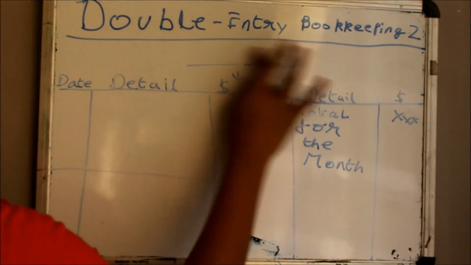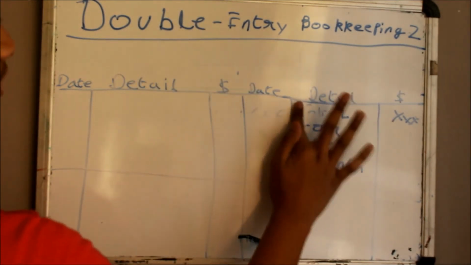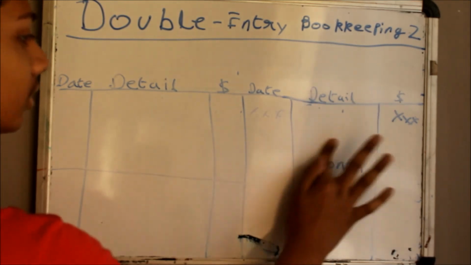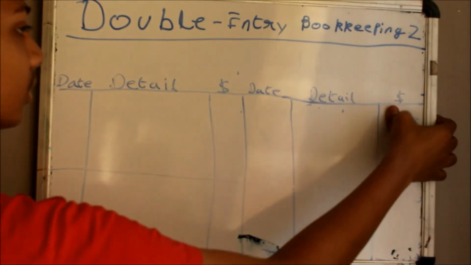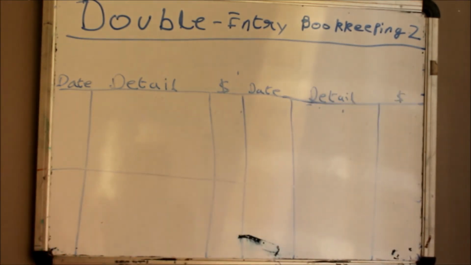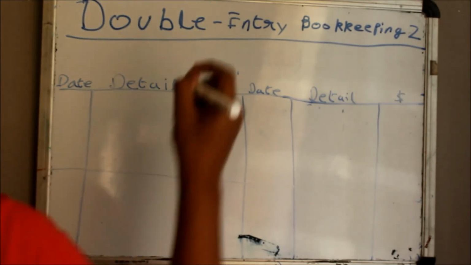Alright, so this is not needed. Sorry about that. Okay, so first of all, when a dishonored check occurs, we're going to write up the debtor's account.